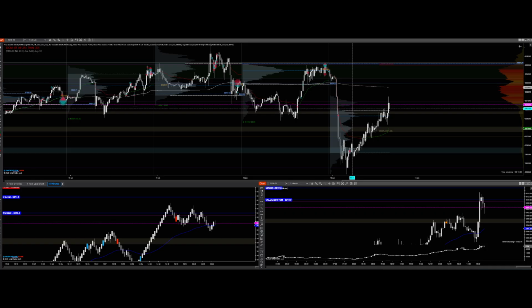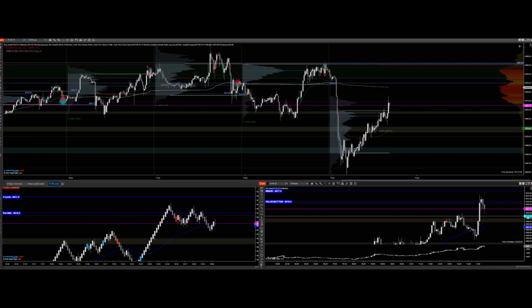We have the low volume node here, right about 6,000 to 6,003. Also looks like we're rejecting VOMA.